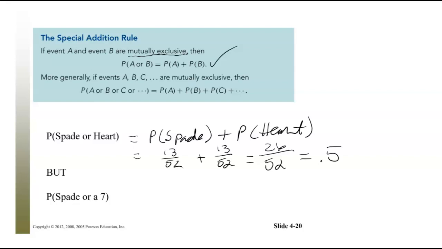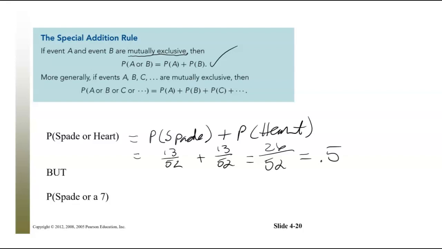But obviously, you could think through this. Well, I've got 13 spades and I have 13 hearts. I'm just going to add them together. That's half a deck of cards, so the answer is 0.5. But I want to change that now. What if we did a spade or a 7? Can we simply just add the probability of spade to the probability of 7? What's wrong here?